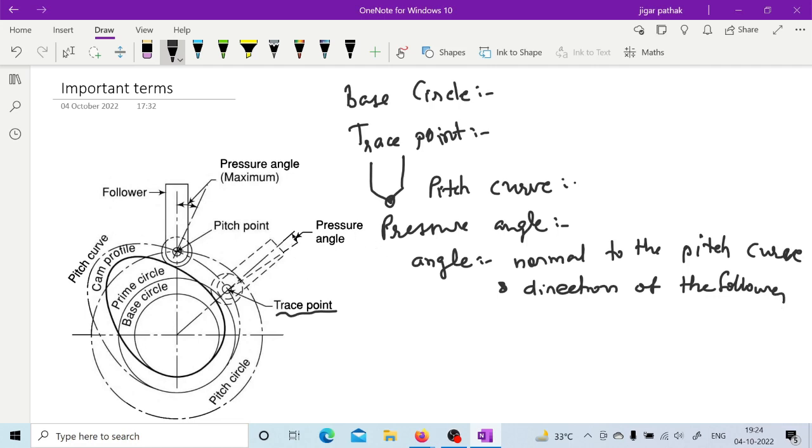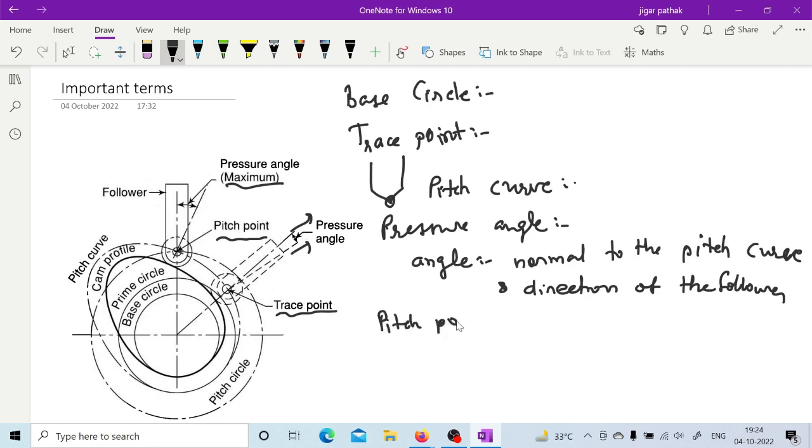Here this is the direction of the follower and this is the normal to the pitch curve, and the pressure angle is mentioned here. Once you have an idea about the pressure angle, you can define the pitch point, because the pitch point is the point at which the pressure angle is maximum. That is how you can define the pressure angle and pitch point.